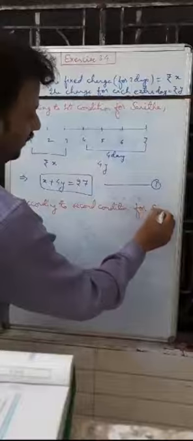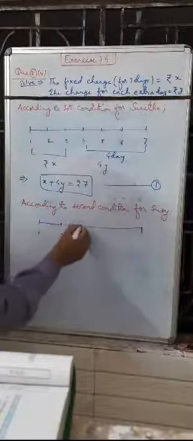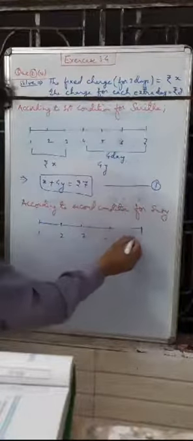Next condition, according to second condition, condition of Susi. Susi paid rupees 21 for the book she kept for 5 days. अब Susi ने कितने दिन के लिए बुक रखी भाई? 5 दिनों के लिए. तो हम बना लेंगे 1, 2, 3, 4 and 5.